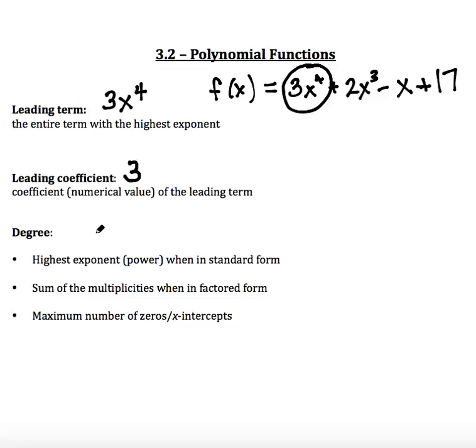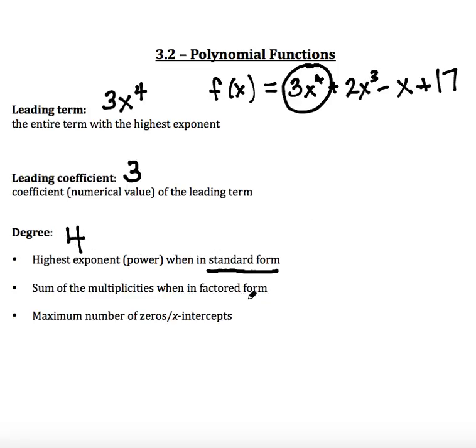Degree of a polynomial in this form that I have up here, which is called standard form, okay, that's when everything's multiplied out and you write it from highest to lowest powers. The highest exponent is the degree. So in this example, the degree of this polynomial is 4.